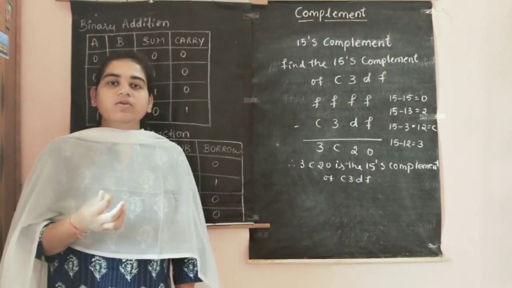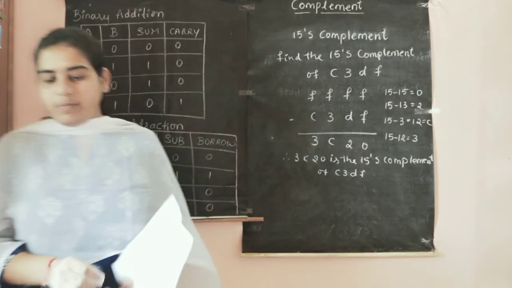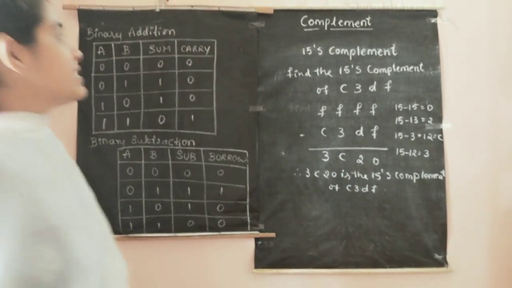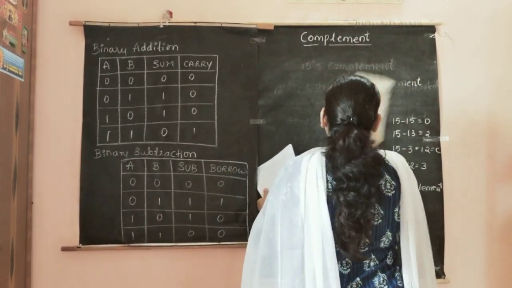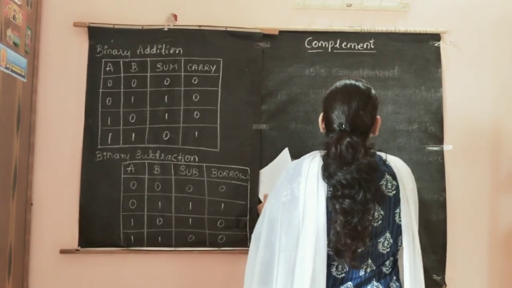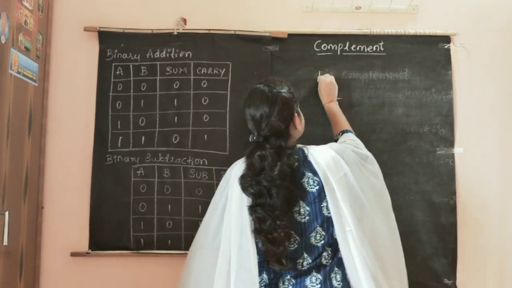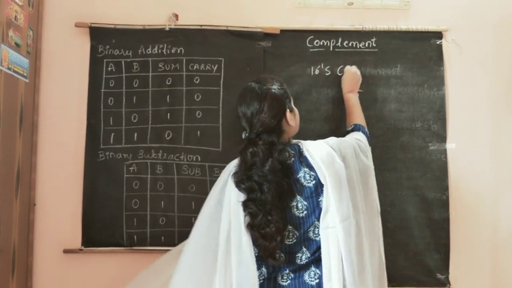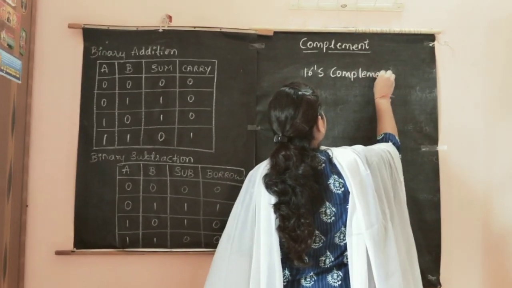So we will move on to the last kind of complement, that is 16's complement. That is the radix complement of the hexadecimal number system. Last one, that is 16's complement.